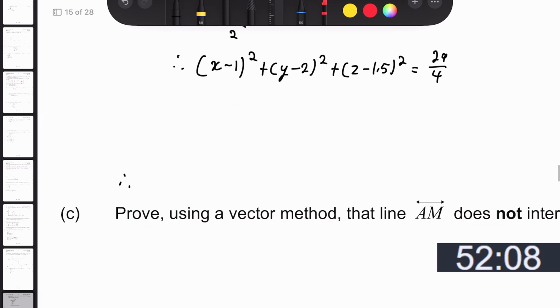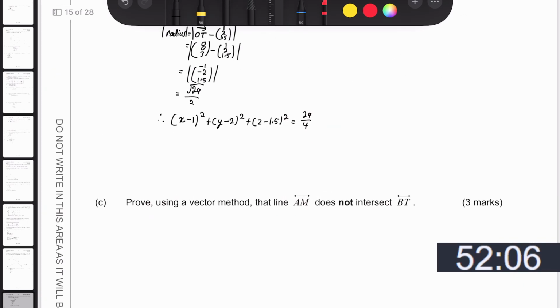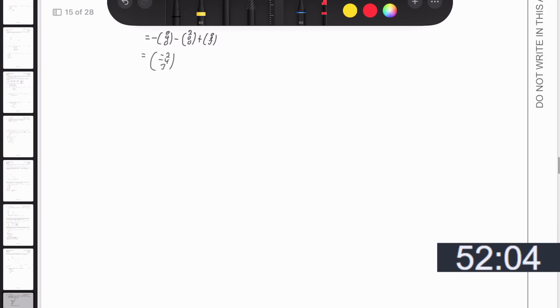Prove using a vector method that line AM does not intersect BT.